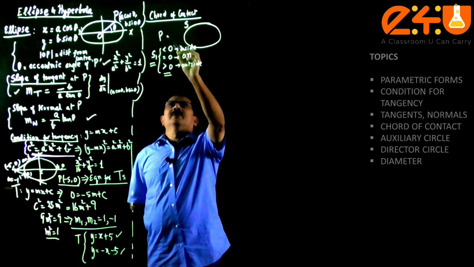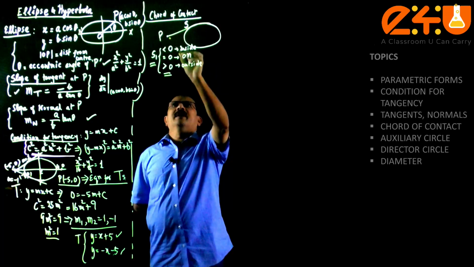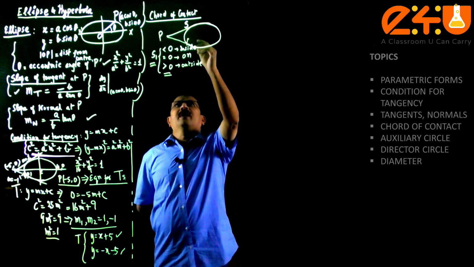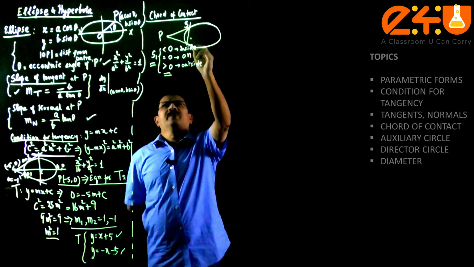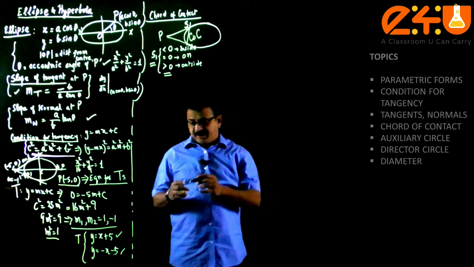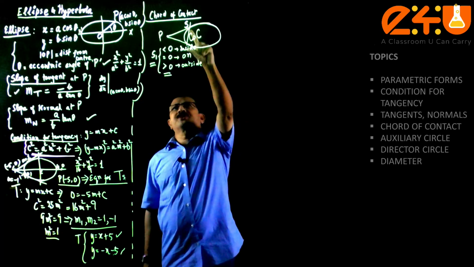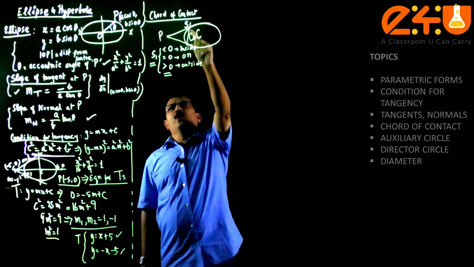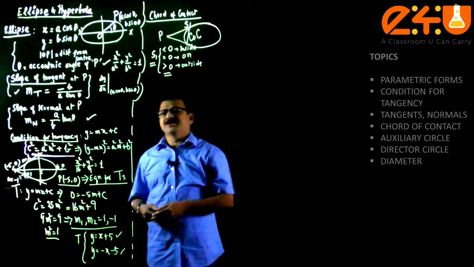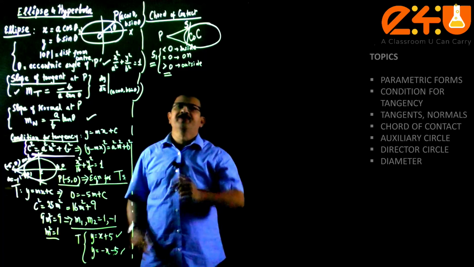And it is understood that a pair of tangents is drawn and a straight line segment is drawn. So that becomes the chord, joining the points of contact of the tangents with the ellipse.